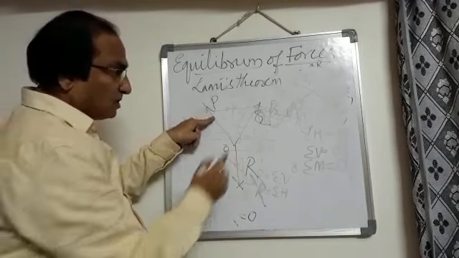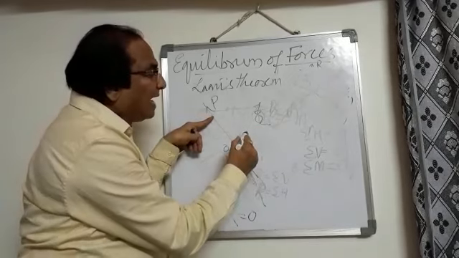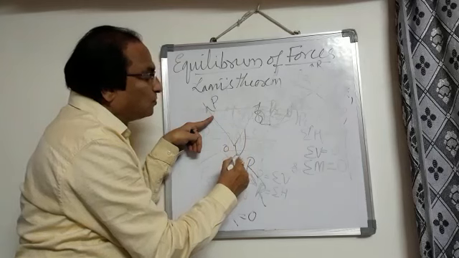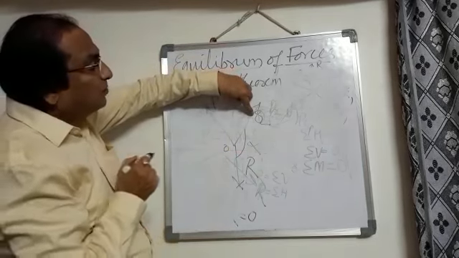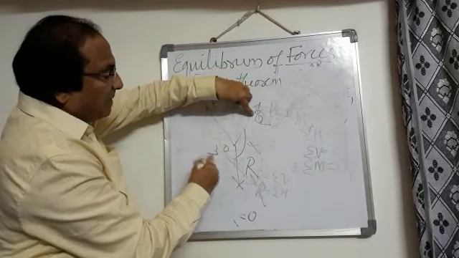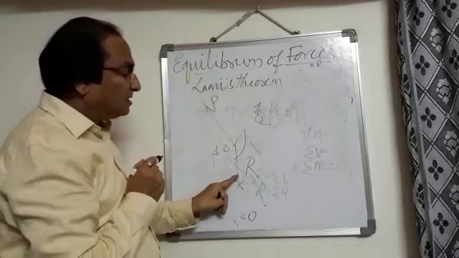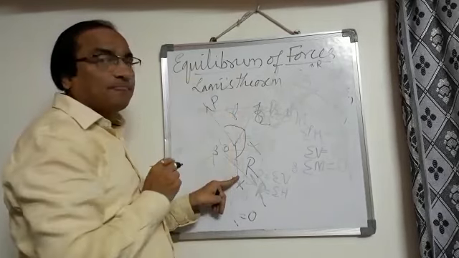If P is the force, these Q and R are the other two forces. So the angle made between these two forces, if I call it as alpha. Now Q is the next force, the other two forces are these two forces, and this angle is called as beta. And if I consider this third force R, these two forces will make an angle gamma.